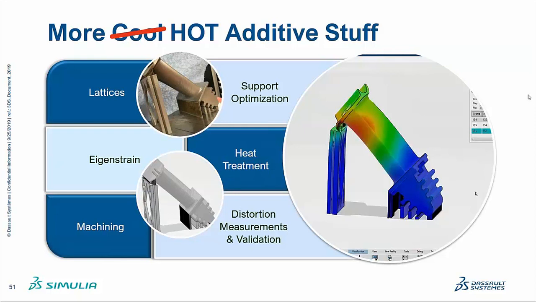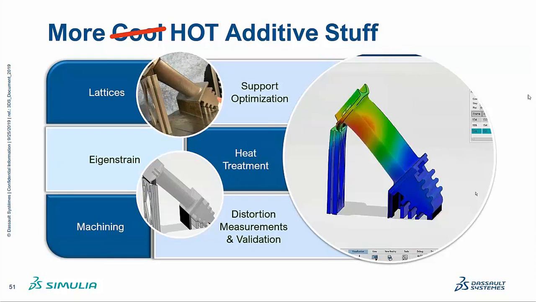Apart from the usual suspects, I would say, of lattice design and support optimization, we have disclosed to you our attempts of properly dealing with eigenstrain and validating. Validation is always something at the top of our list. That is how we make sure that we deliver the best possible experience to our users, to make sure that the physics that we put in are also validated.